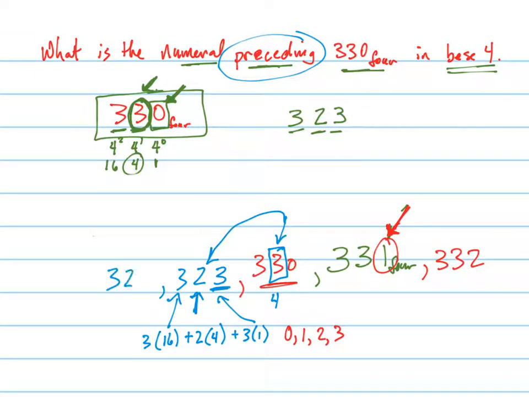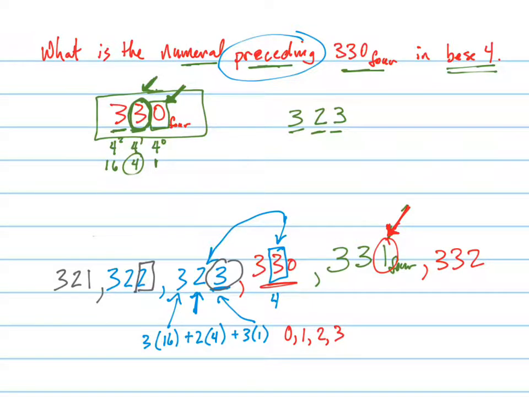3, 2, 2. Because all I had to do is take away one number. And it's easy to take away 1 if you've got 3 in the ones digit, in the ones place. What's the number right before that? 3, 2, 1.